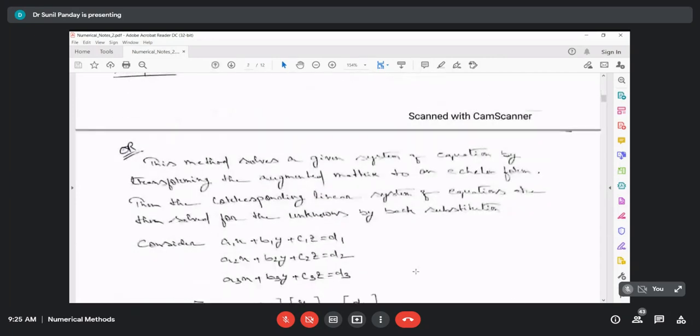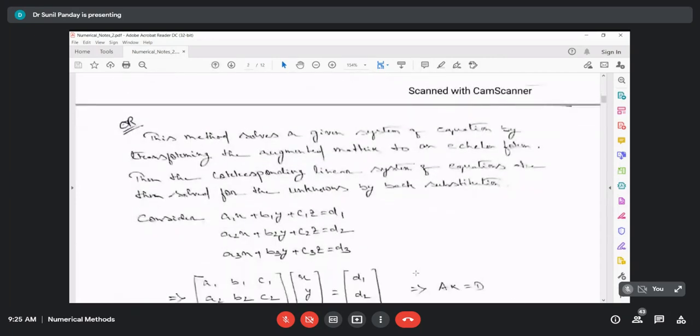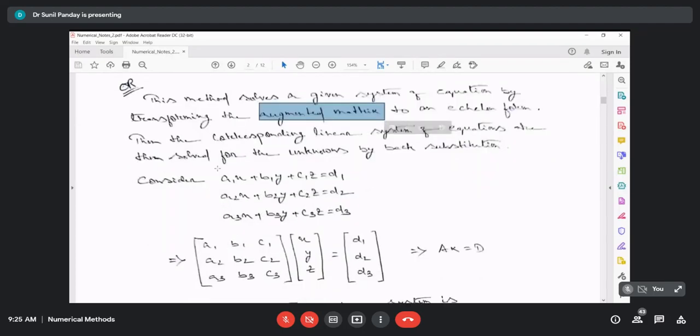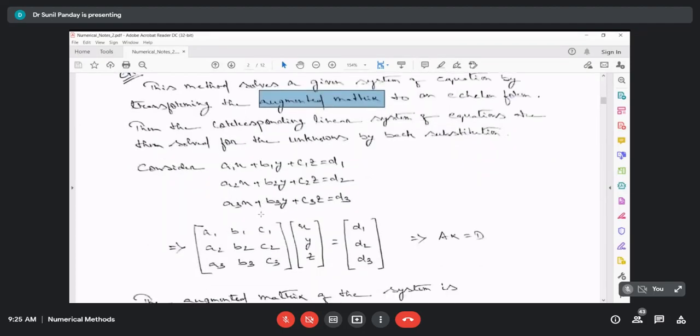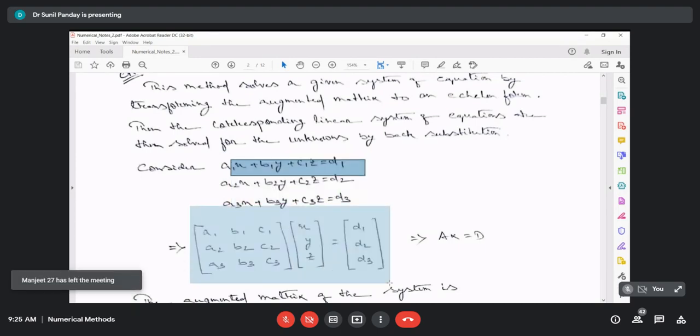Now we can solve this also by using the augmented matrix technique. If you remember your BTech first semester, we have this system of equations, and we can write its equivalent matrix equation like this.